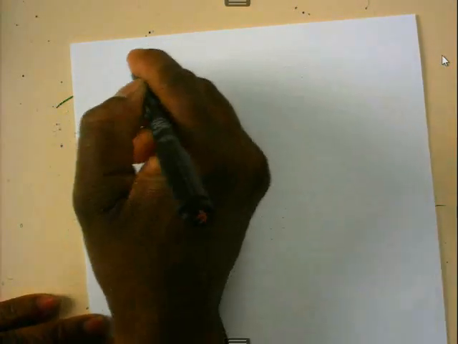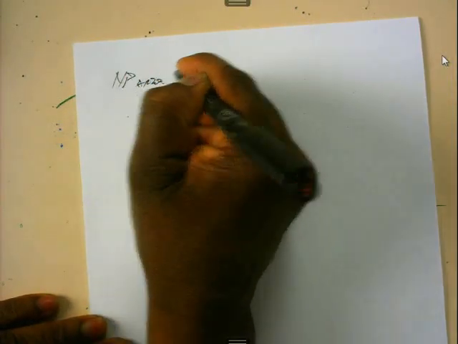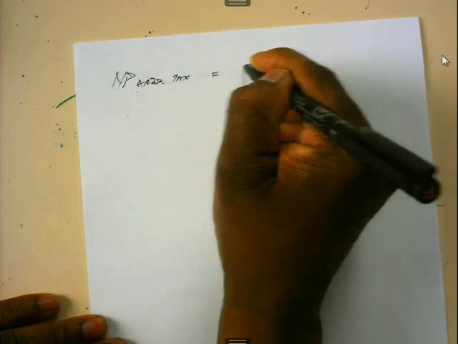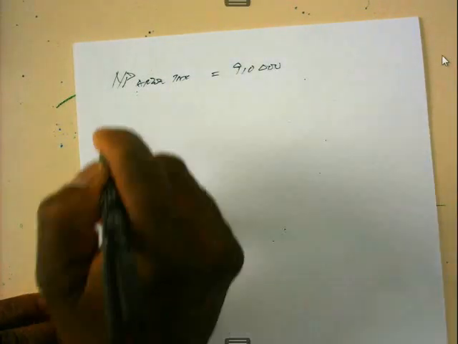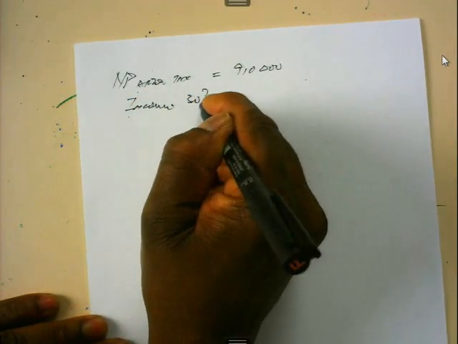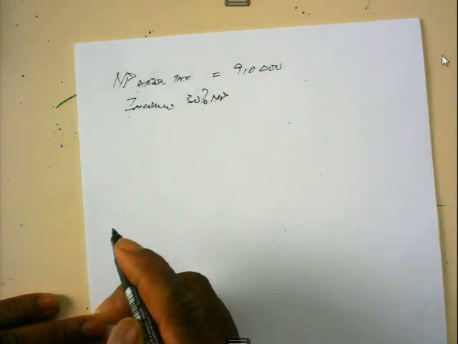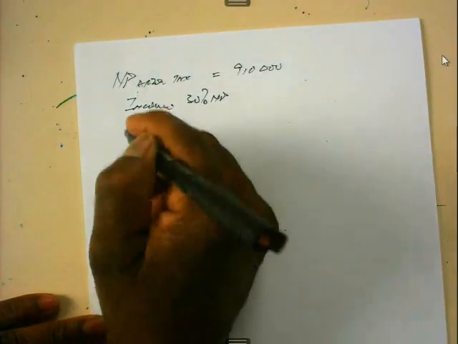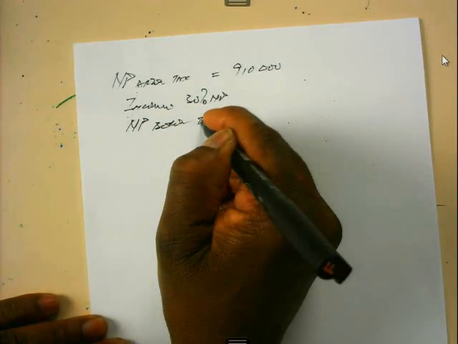Your net profit after tax is 910,000, and your income tax is 30% of net profit before tax.